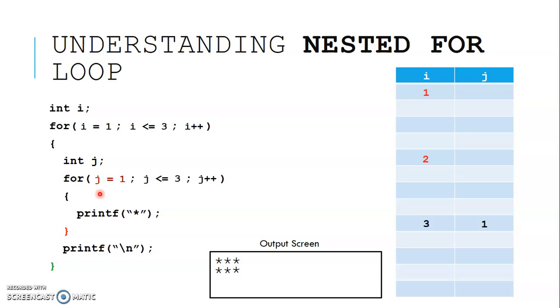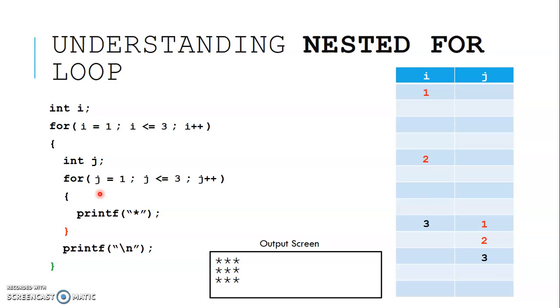This part is repeating for the third time. 1 is less than 3 satisfied, so it prints a star, and then j becomes 2, and 2 is less than 3 satisfied, it prints another star in the third row, and then j becomes 3, 3 equal to 3 is satisfied, and so it prints the third star in the third row, and that is how we got the 3 by 3 star box in this case.